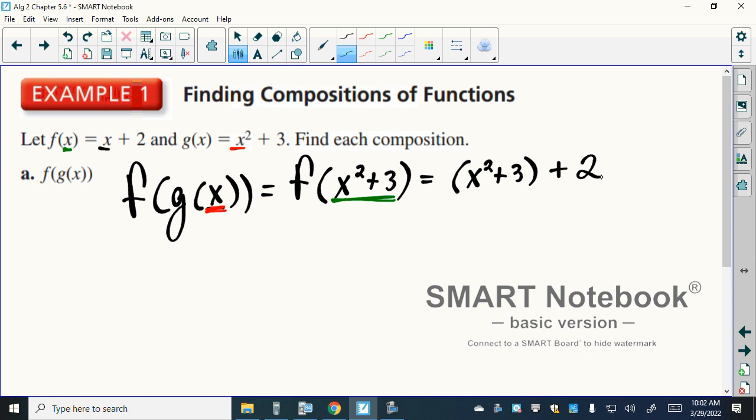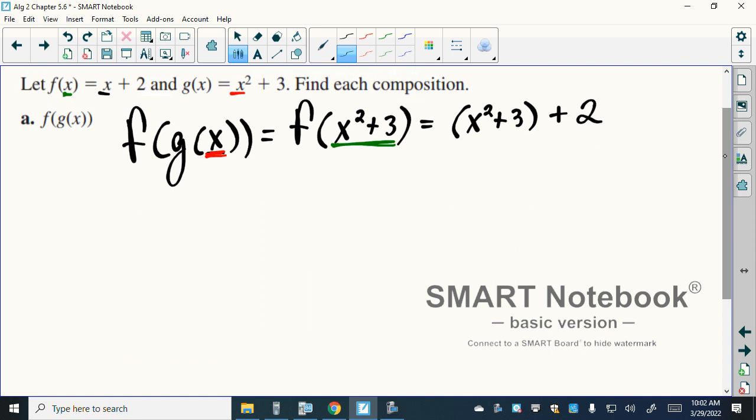But if we're talking about like the other one, we have x squared, we still need to apply that square to it, or if we have minus or a negative in front of it, we need to apply it to every part of what we're replacing x with. Well, for this here, we can really just drop those parentheses and combine like terms. 3 plus 2 is 5.